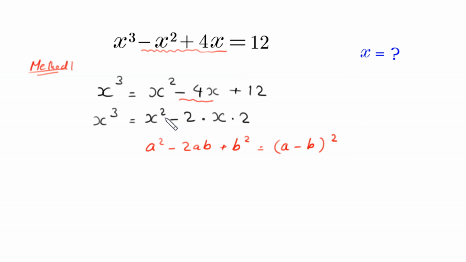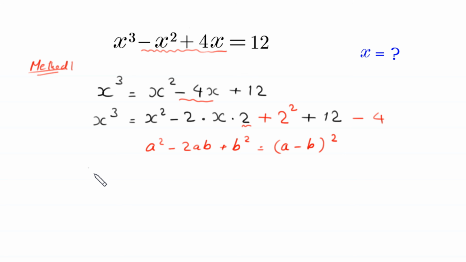So to complete the square we need to add the square of this number 2. So we add here 2 squared plus this 12, and because we added 2 squared we subtract 4 from this expression, minus 4.